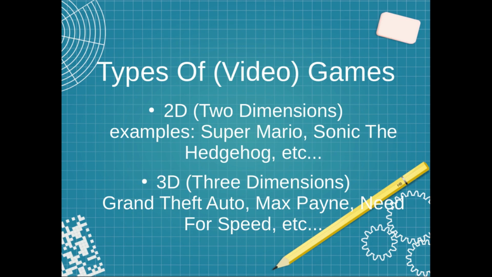I like to divide games into two types: 2D games and 3D games. 2D games are games in two dimensions. I'll show you visual examples in a minute, like Super Mario and Sonic the Hedgehog. 3D games are games in three dimensions, and examples are Grand Theft Auto, Max Payne, Need for Speed, and stuff like that.